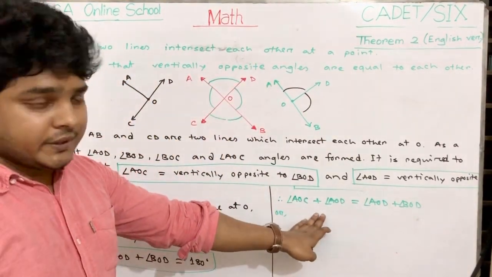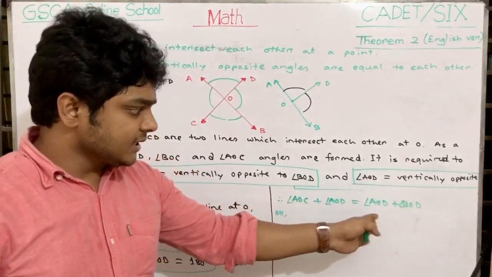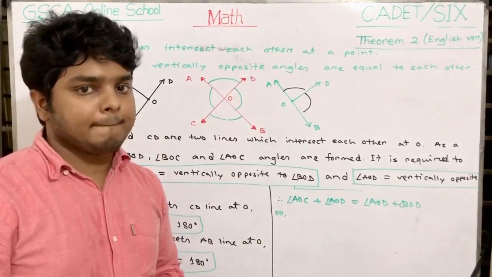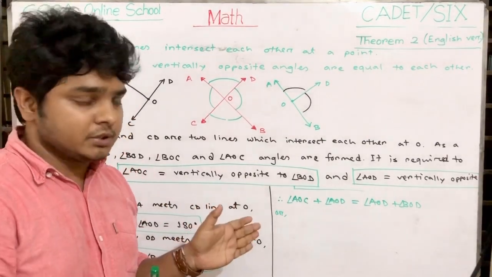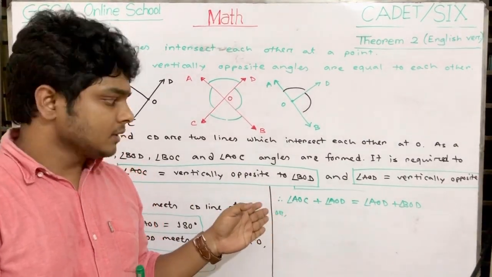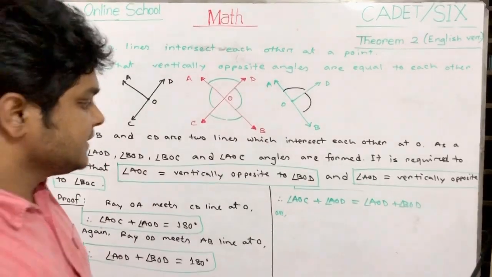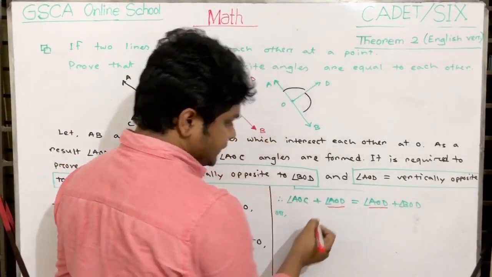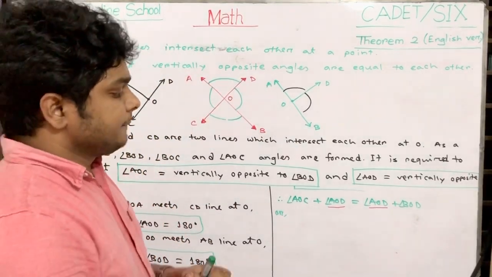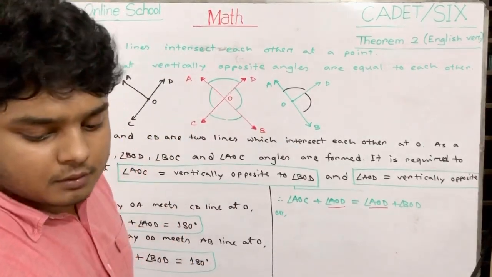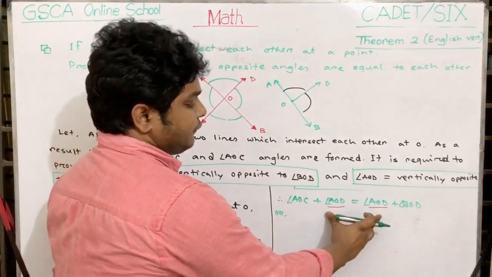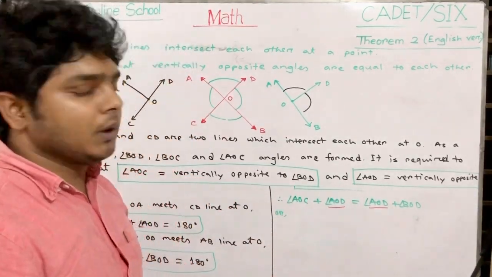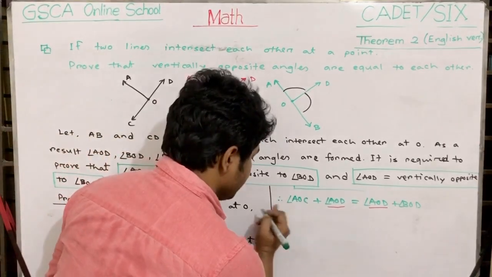Take a look at the right side and left side of the equation. Is there any common thing between the two sides? Of course there is. Here is AOD and here is also the AOD angle, right? So if we omit AOD from both sides of the equation, what will be left?